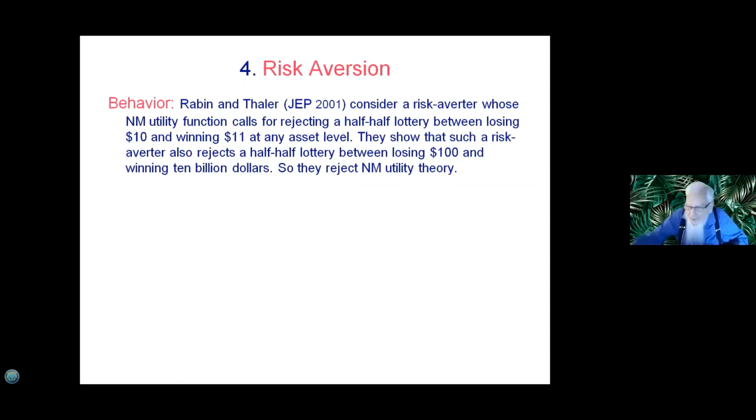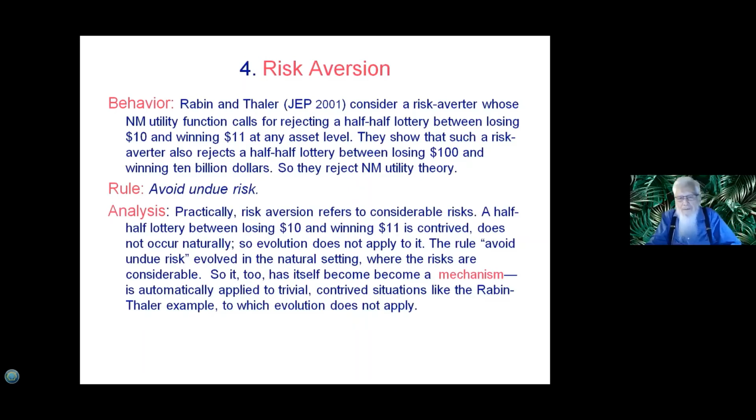So what's going on over here? The rule is avoid undue risk. Analysis. Practically, risk aversion refers to considerable risks. A risk averter is when you say, I don't want to take that risk.